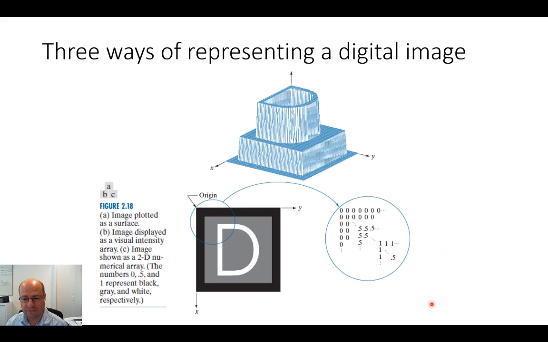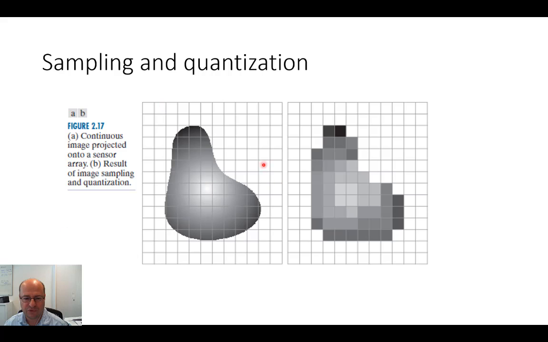Right? So when you see how many megapixels a camera has, it means the granularity of this discretization that your camera does in any image.